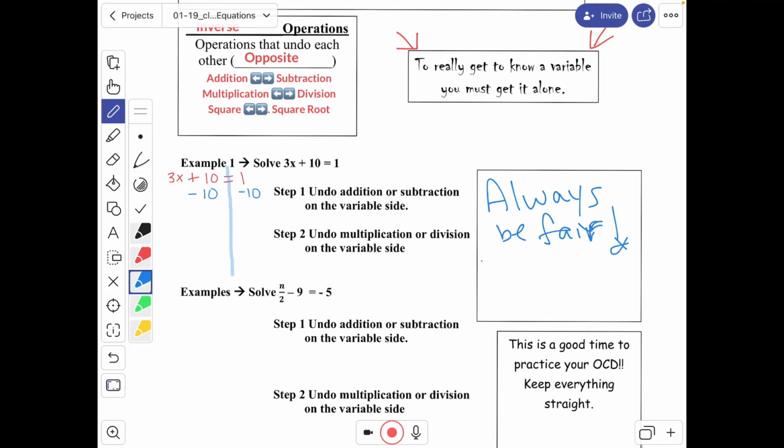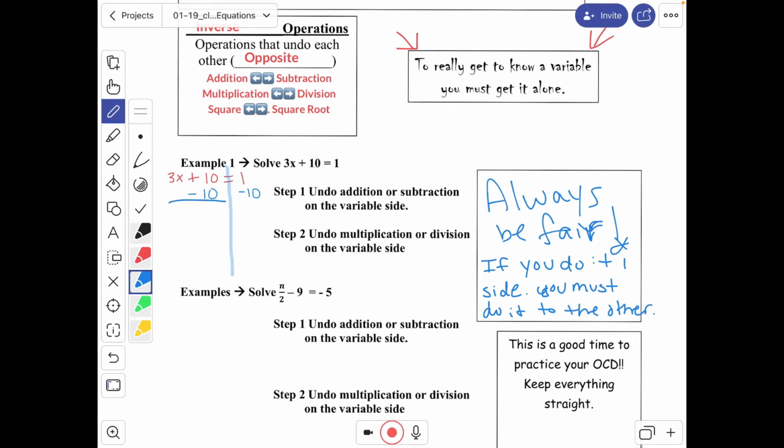If you do it to one side, you got to do it to the other. Kind of like, let your OCD fly. You've got to keep it balanced. You also must keep that equal sign right there in the middle. He cannot float around. He stays right there.